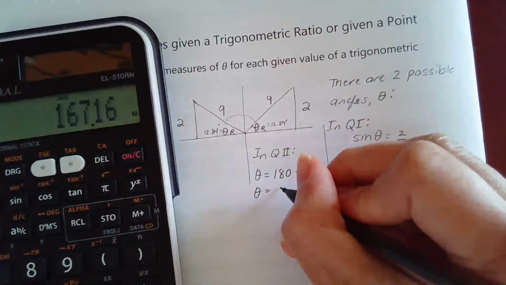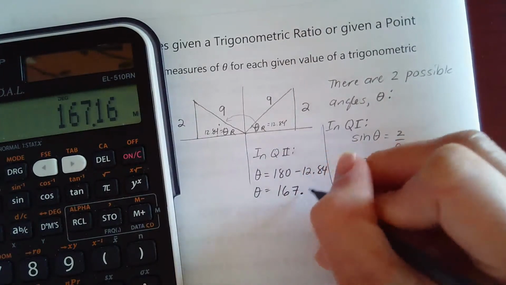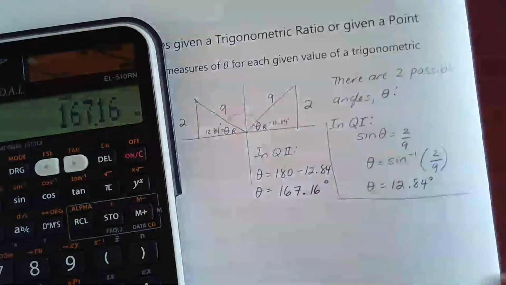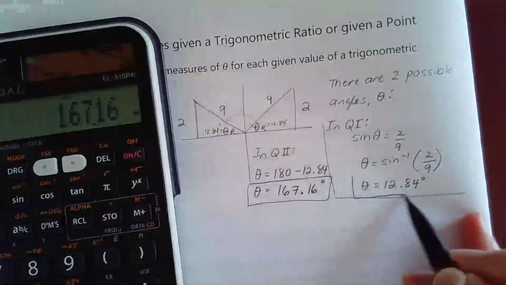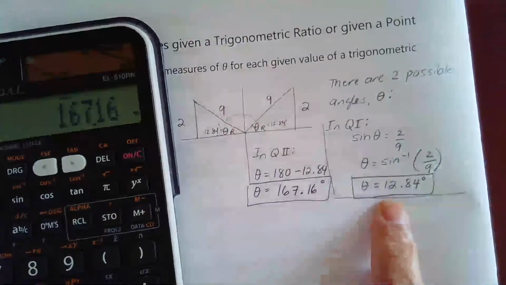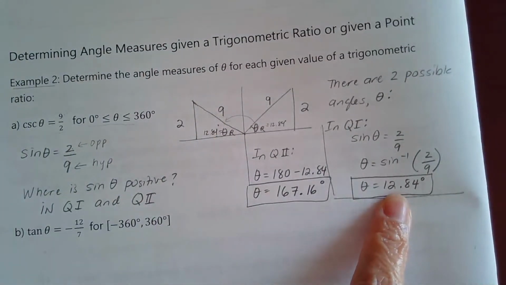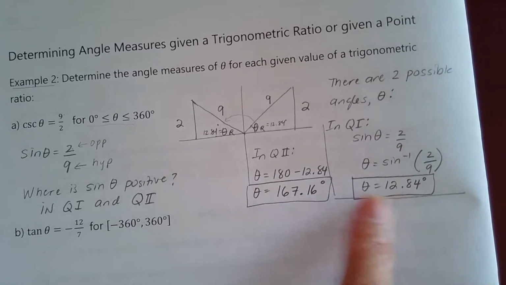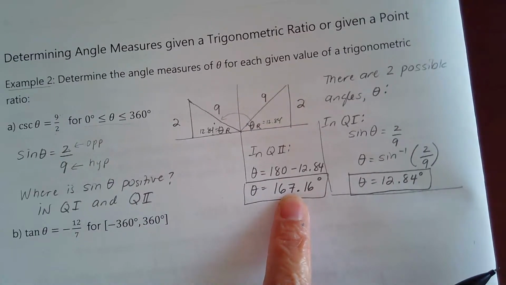So that's going to be 167.16 degrees. So these are our two solutions. If you only have 12.84, you're partially correct. This is the other solution.